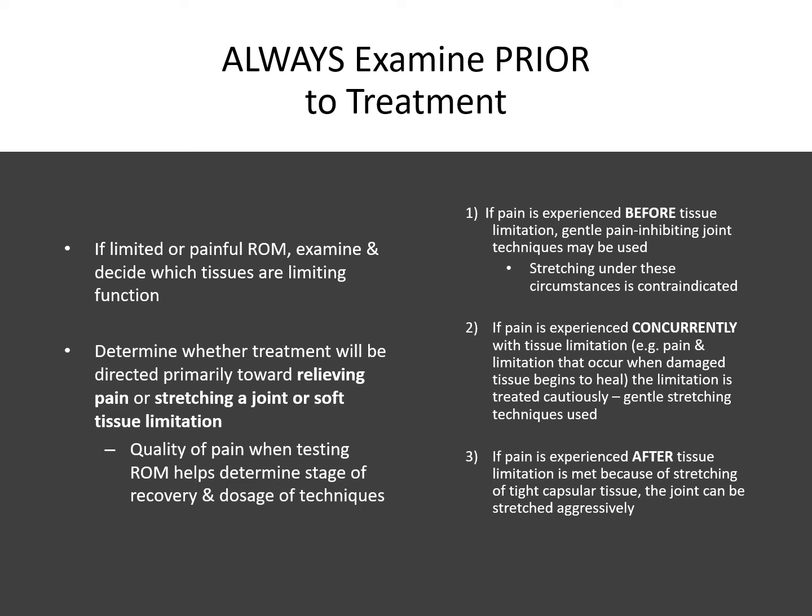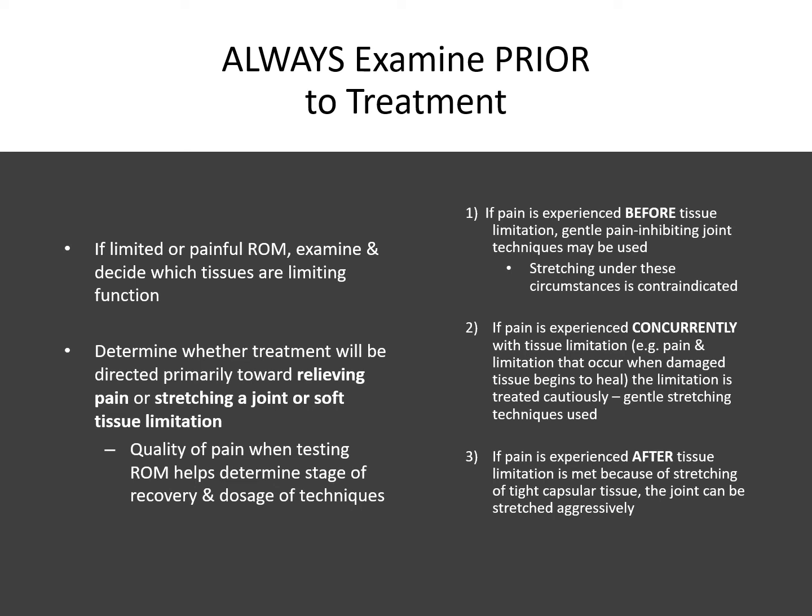Quality of pain when testing range of motion helps determine stage of recovery and dosage of techniques. So the amount of pain patient has, that will help you in understanding what stage patient is in. In an acute stage, the pain can be a lot. The pain will be severe, acute cases. So in those cases, you can decide your grades like grade 1 and grade 2.